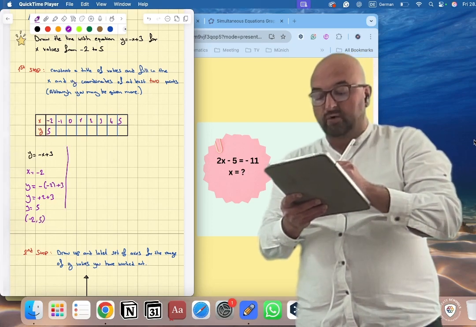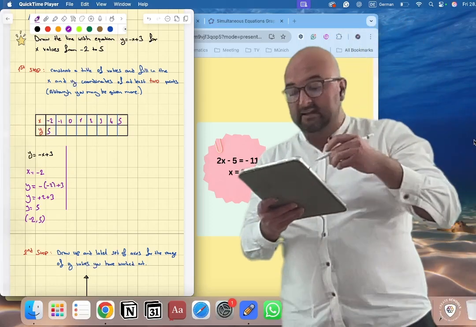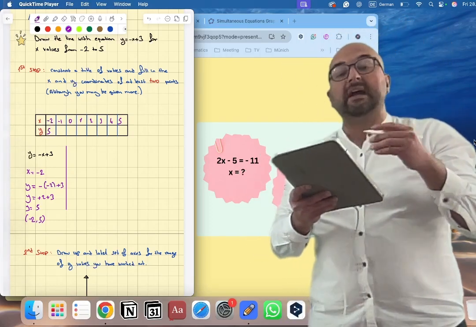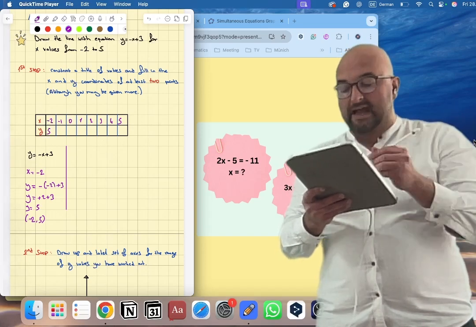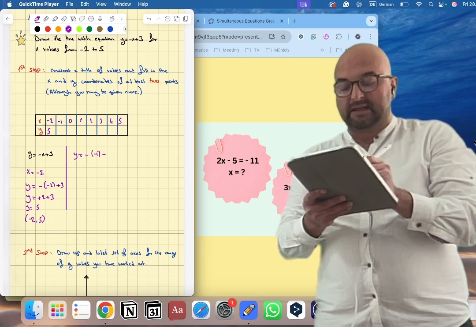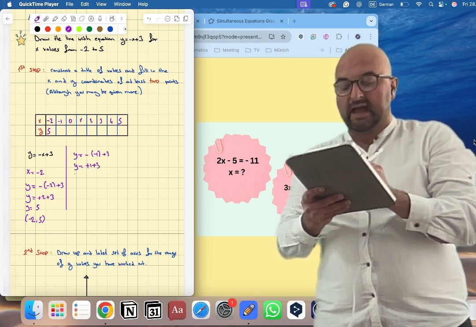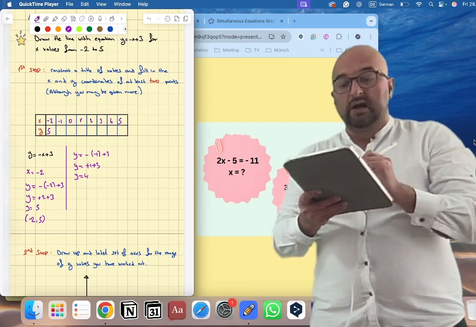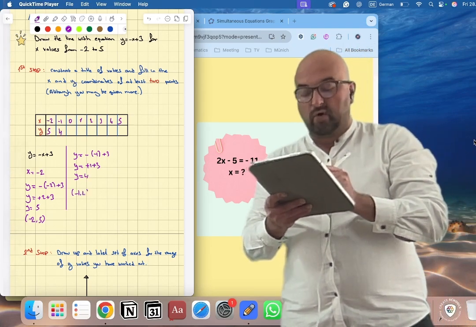For the other point on the straight line, we have to write negative 1, replace x. So y equals minus minus 1 plus 3, y equals plus 1 plus 3, and y equals 4. So the other point would be negative 1 and 4.